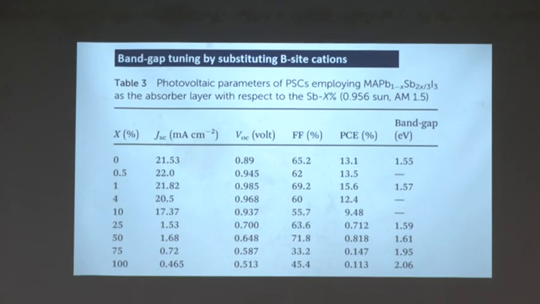And also another opportunity is to exchange some ions in the cationic part B side, when we exchange some ions of lead by antimony.